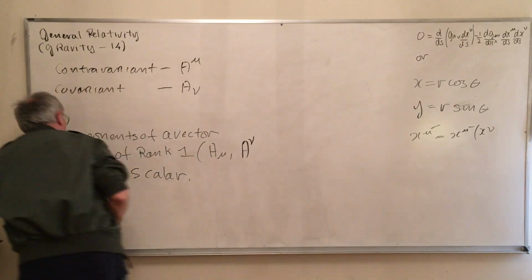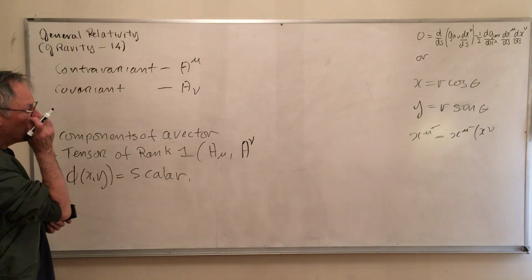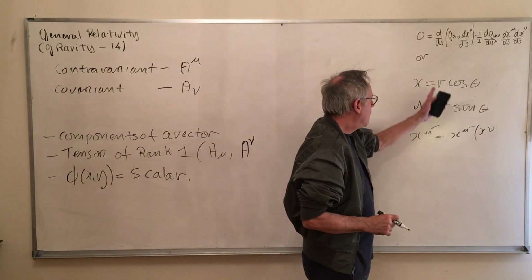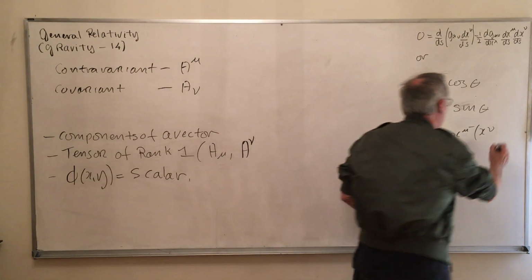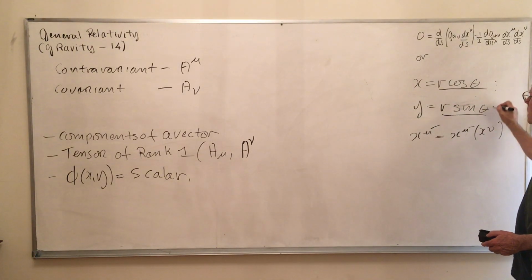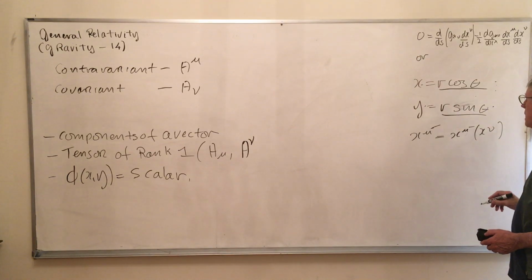Actually, I'm not going to write it that way. All right, we will. So that the transformed components are functions of the old components. So if we started off in polars, how do we get the Cartesians? That's the way we do it.